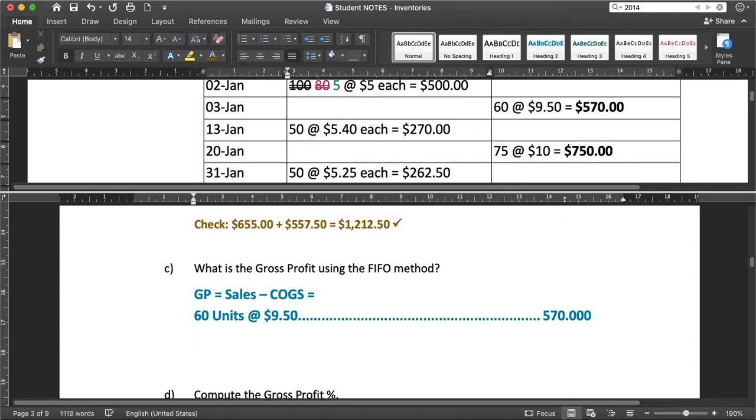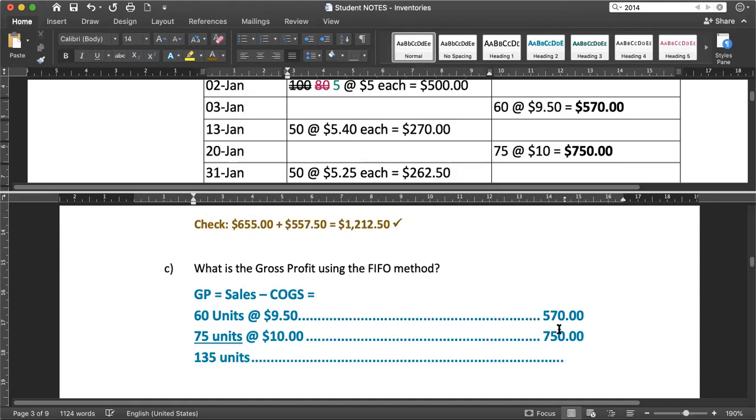And then we have got 75 units at $10, and that was $750. So then our total is going to be 135 units that were sold, and the total selling price, 570 plus 750, is equal to $1,320.